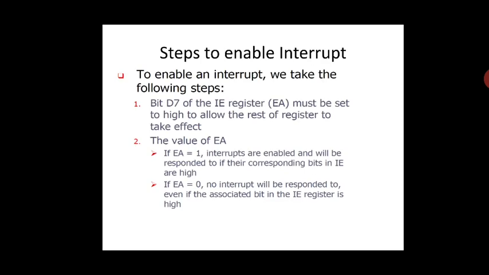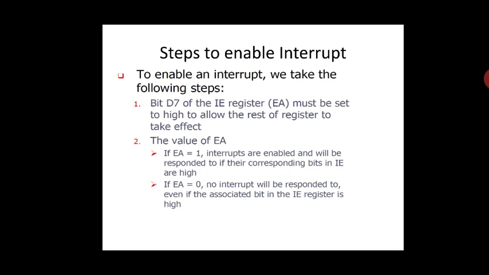These are the steps for how we enable an interrupt. To enable an interrupt, we follow these steps. A very important bit is the eighth bit, the D7 bit of the IE register.